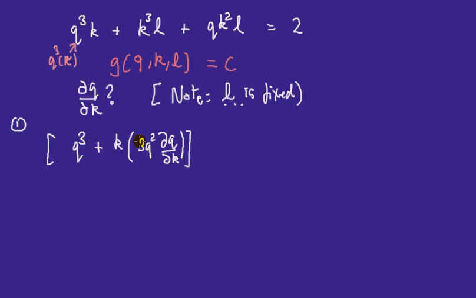That's 3q squared, times the derivative of q with respect to k, noting it's a partial derivative because we're holding the other variable constant. Plus, noting that we're holding L constant, it's just like a number, like 2 or 3. That means we just write that down, don't ignore it, but just keep it there, and do this one.